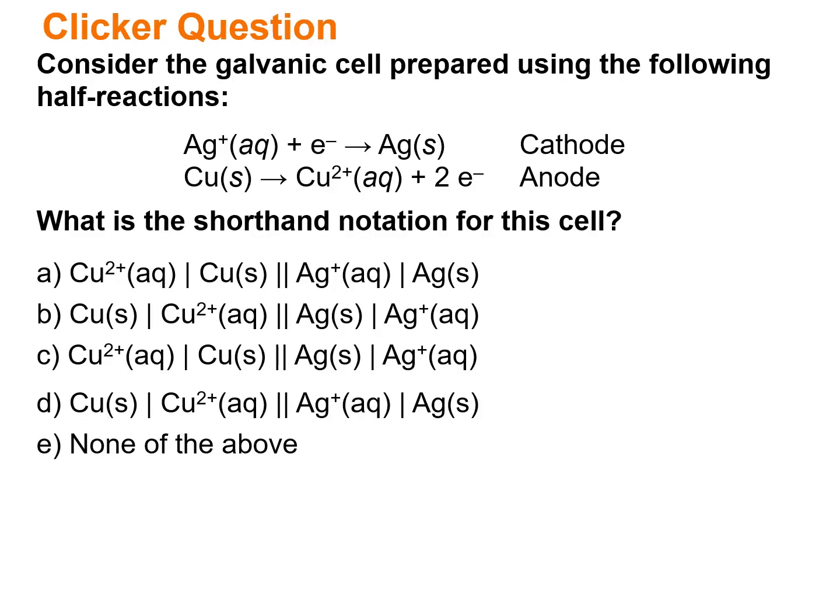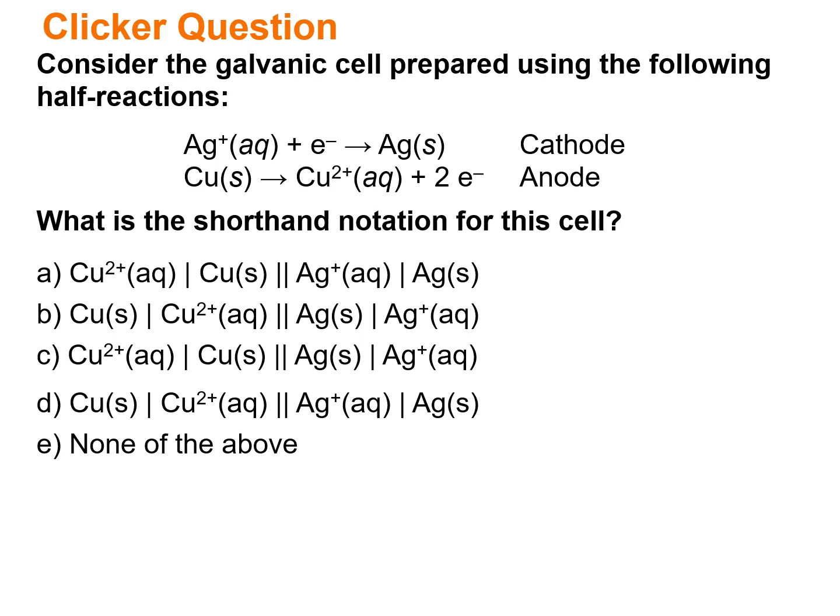So in this last clicker question of this particular lecture, let's look at just a galvanic cell, and it gives you the 2 half reactions that are occurring. It gives us at the anode, we have copper going to copper 2+ and silver being reduced to silver solid. And so it asks you what's the shorthand notation for this cell, and we know that we always put the oxidation first, and so it's copper going to copper 2+.